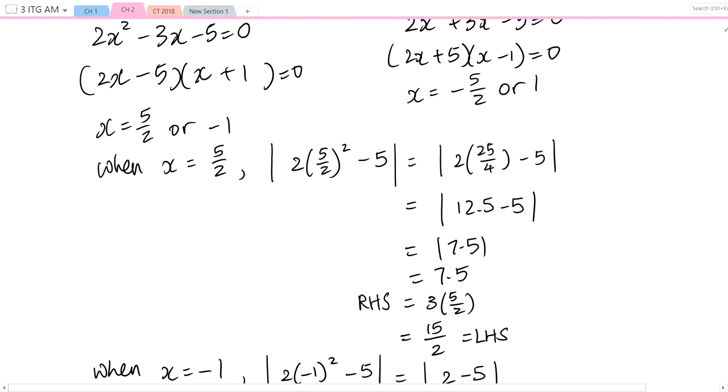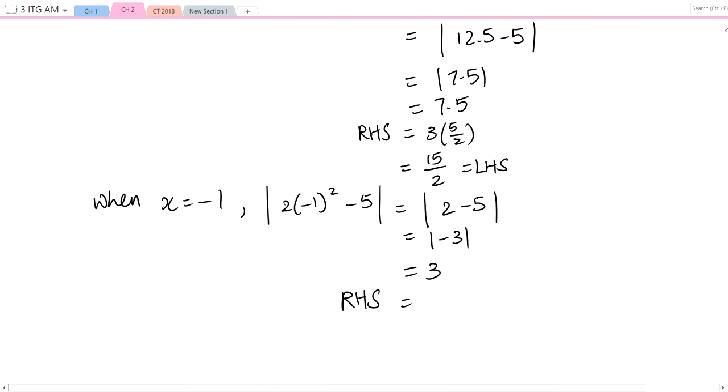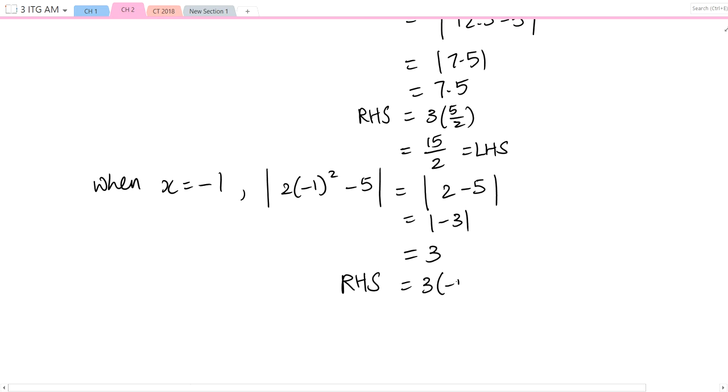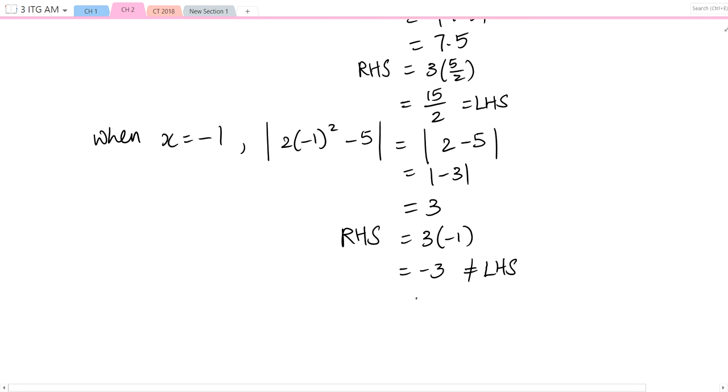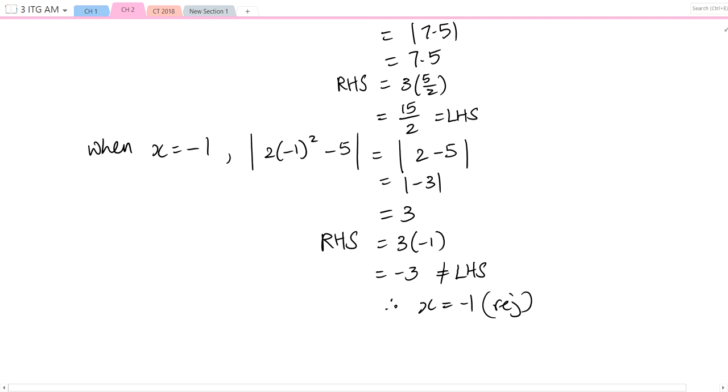The right hand side is supposed to be 3x. So 3 times -1, which is -3. This is not equal to the left hand side. So x equals -1 is rejected. Now we finally see a case where a value of x, a solution for x, is rejected.